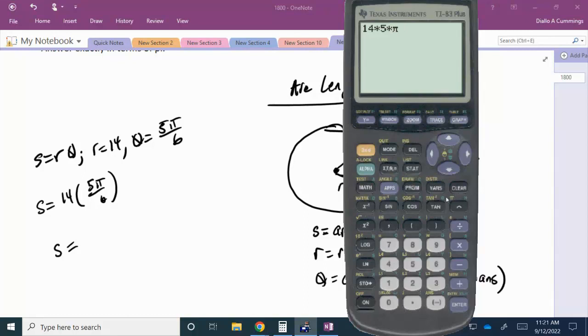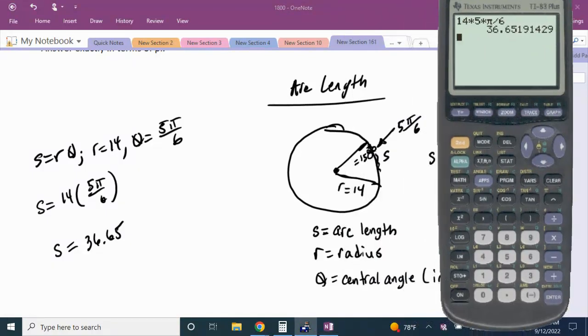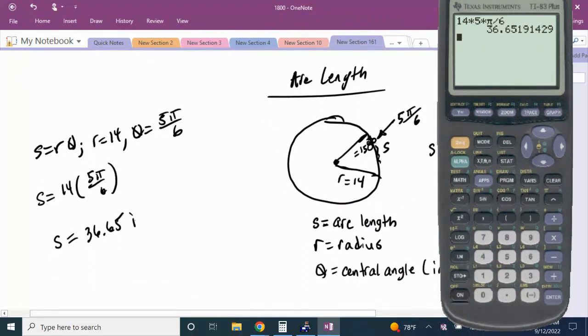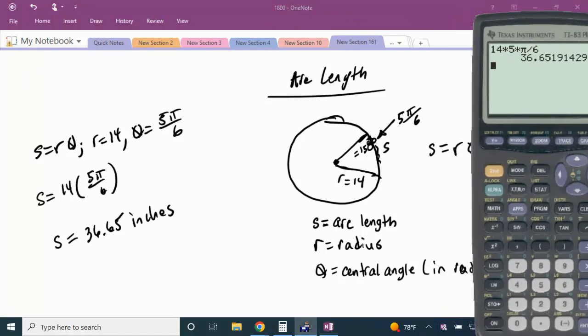All right, so I'm using the true value for pi, which is above the caret, divided by 6. And we have 36.65 inches. All right, so that is how you find arc length.